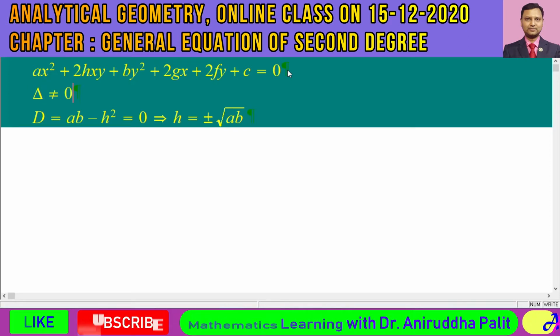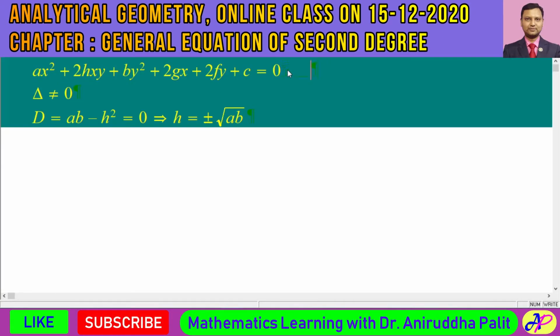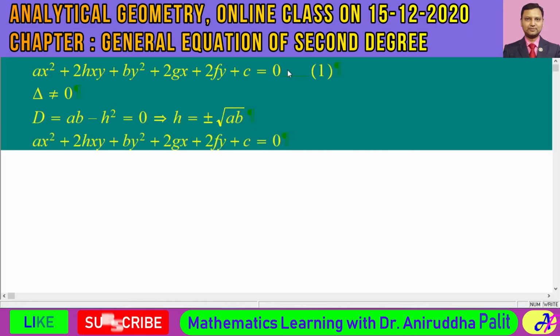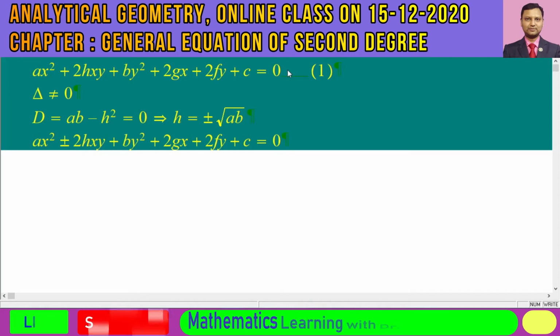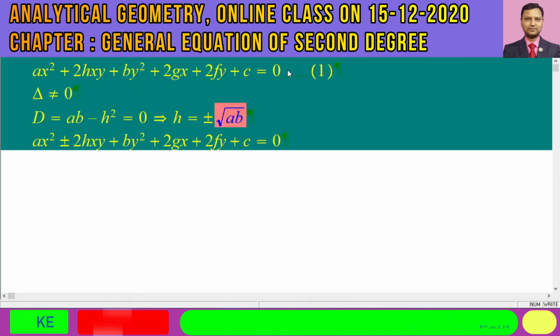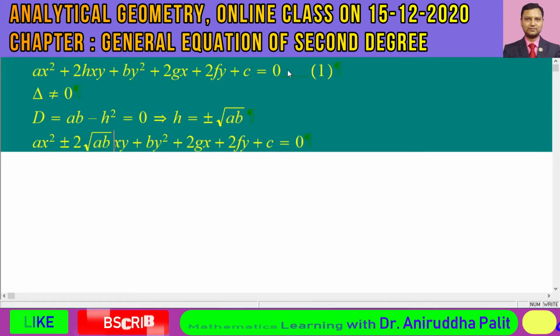Okay, so if delta not equal to 0 and d is equal to 0, in that case this first expression, or you can write it as equation number 1, can be written as plus minus root over of ab, this expression, root over of ab multiplied by x into y.